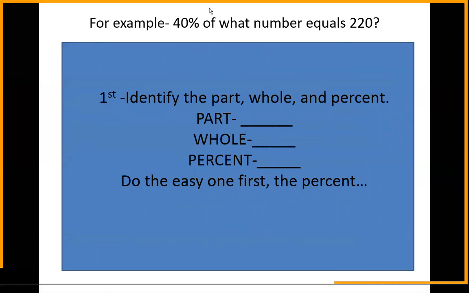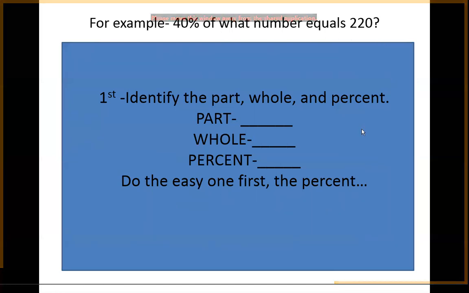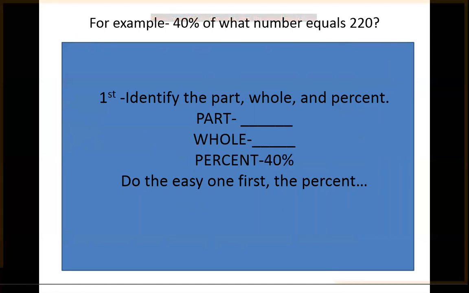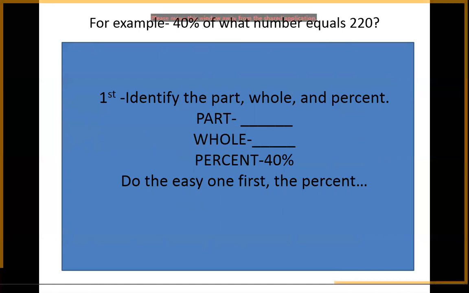For this problem we're looking at here, 40% of what number equals 220? The percent, that's easy to see, that's 40%. The whole is going to be preceded by the keyword of, so it's 40% of what?